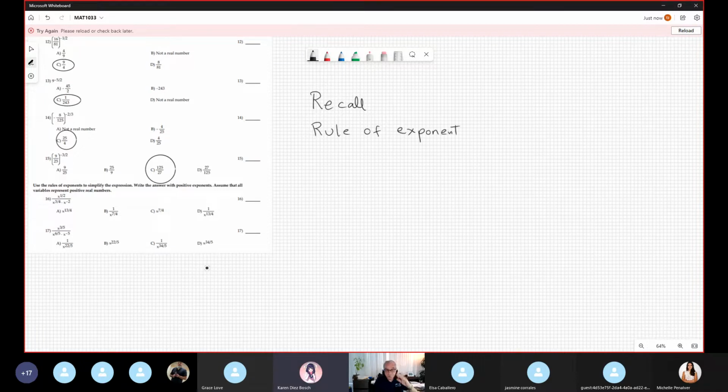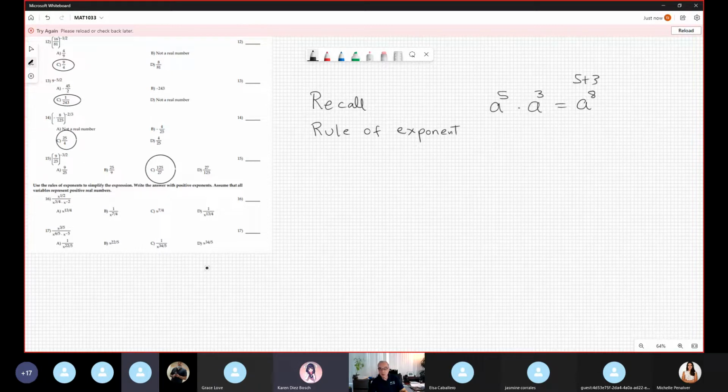Suppose that you have a to the fifth power times a to the third power. It's a to the eighth power. Where does this 8 come from? 5 plus 3.